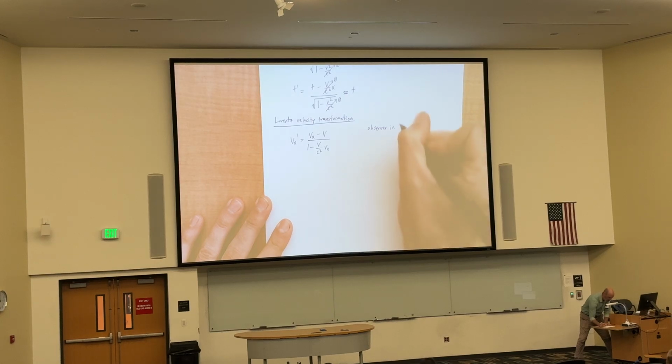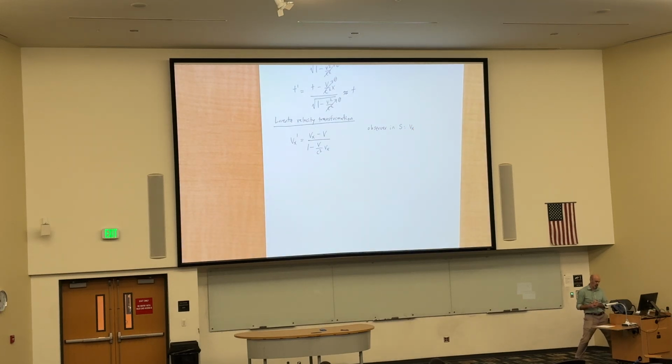So we have an observer in the S reference frame, and they see a velocity vx of some object, right? So let's say that's you in your seat, and you see a fly move across the room, okay?